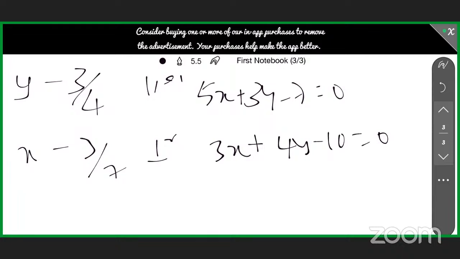How do you solve these problems? Don't say m1 is equal to m2, I'll break your head. How do you solve this problem? Hello.